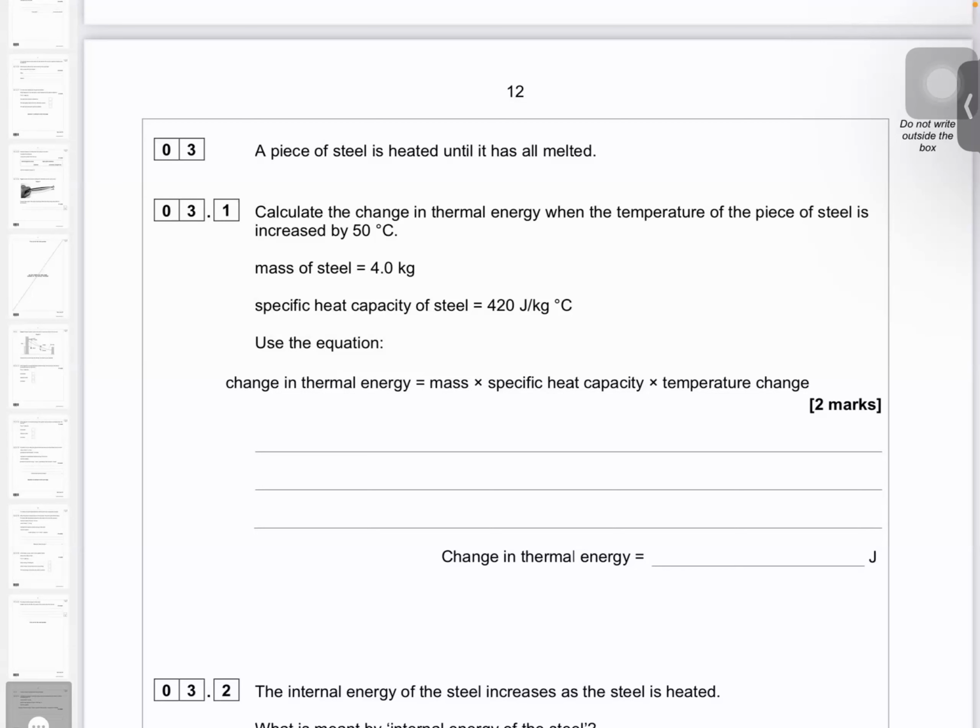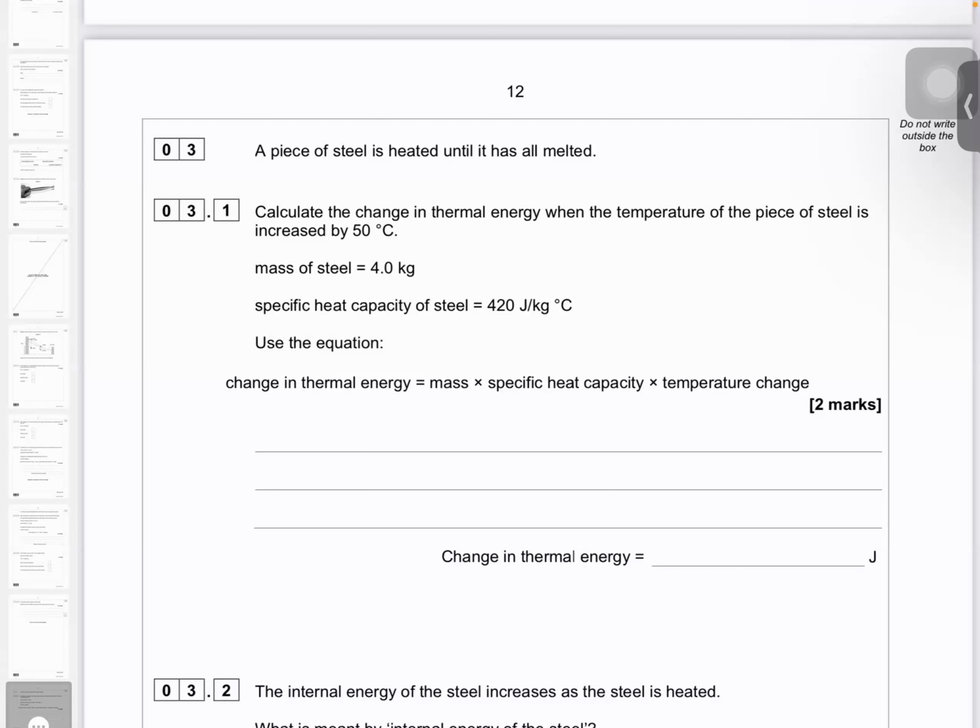But in this case, they didn't bother to give us the value for lower temperature versus higher temperature, which would have made us subtract the smaller one from the bigger one. They just gave us the change. So that's why we're using 50 directly. Otherwise, we would have had to say higher temperature minus lower temperature. You got that right? Yeah.